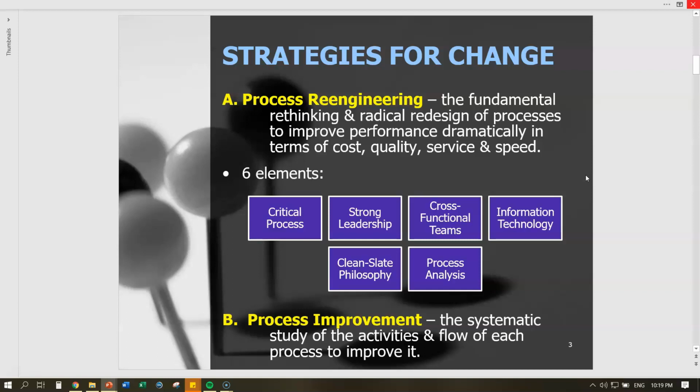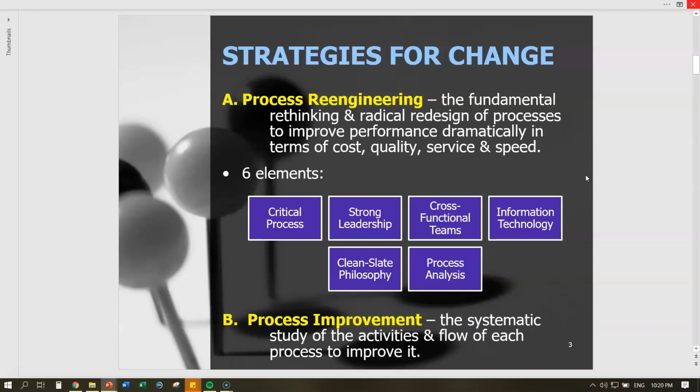When we talk about process re-engineering, there are 6 elements involved, which is critical process. Selalunya re-engineering ni akan fokus kepada proses yang kritikal, proses yang selalu diguna pakai oleh customer. And then another element is strong leadership. Next is cross-functional teams. It means that team ni mempunyai pelbagai skill, pelbagai kepakaran.